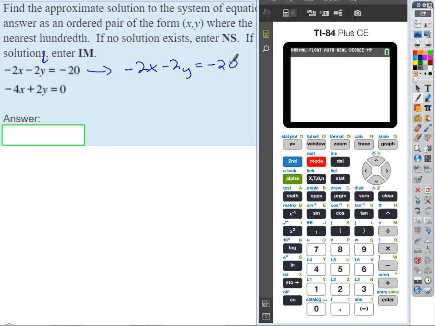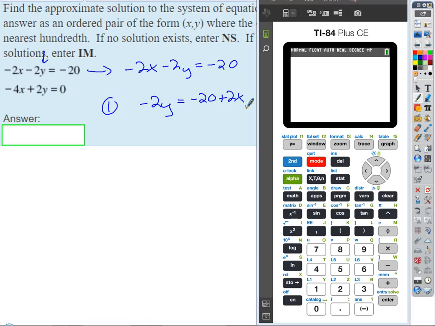You guys know this, reverse order of operations, right? You can do this, it's no big deal. I have a negative 2x, so I'm going to subtract negative 2x or add 2x to both sides. So step 1 is add 2x to both sides. So I get negative 2y equals negative 20 plus 2x, right?